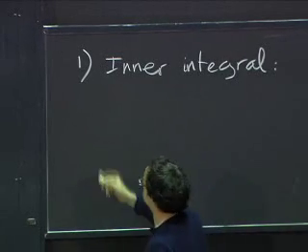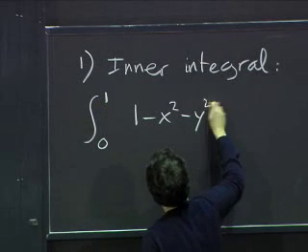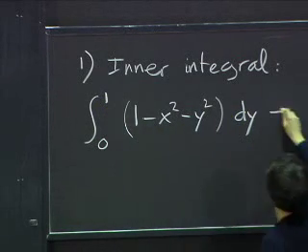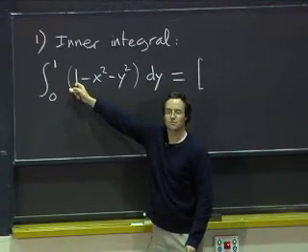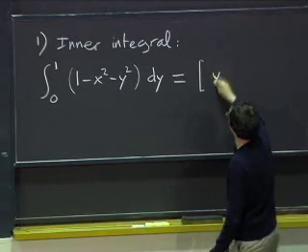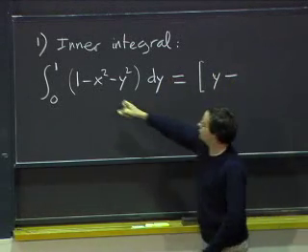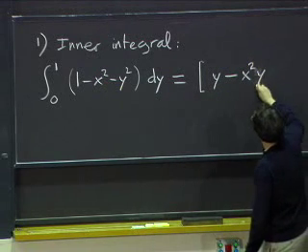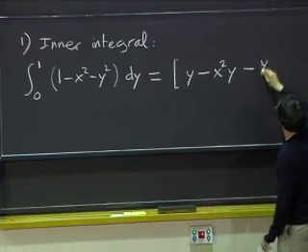To do the inner integral, it's pretty easy. How do I integrate this? What's the integral of 1? It's y. The only thing to remember is we're integrating with respect to y, not x. The integral of x squared is x squared times y. And the integral of y squared is y cubed over 3.